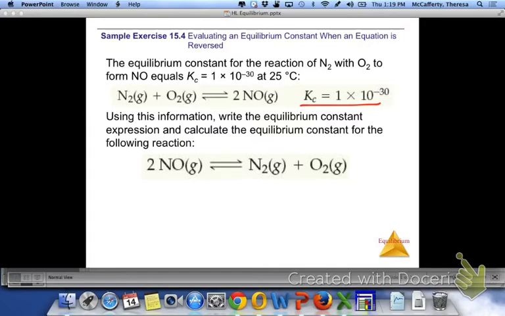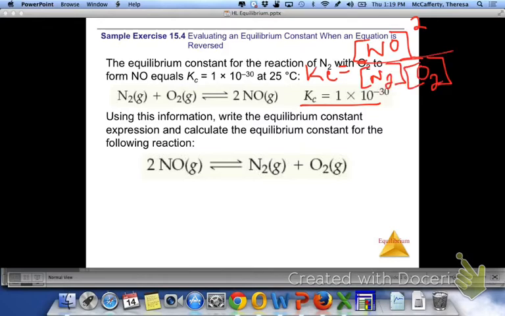And then I flip the equation and they're asking me for the new value. What I'd like you to do is write the Kc expression for this first equation. We just did a bunch of them, so hopefully you can tell me that it's going to be nitrogen monoxide squared over the nitrogen concentration times the oxygen concentration. Yes?